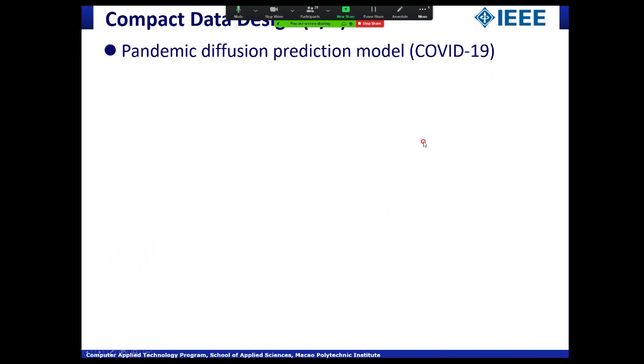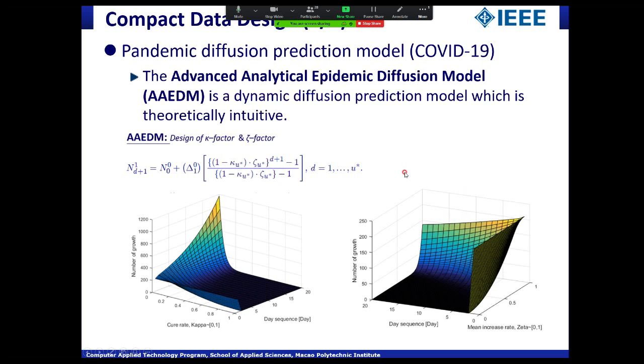And then the other one is totally different. It's not related to artificial intelligence or machine learning, but you can think of it as another subject of mine, which is developing a diffusion model for the pandemic.